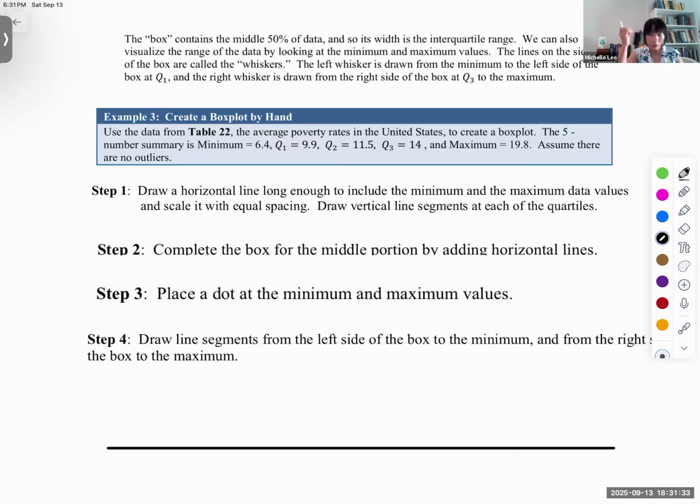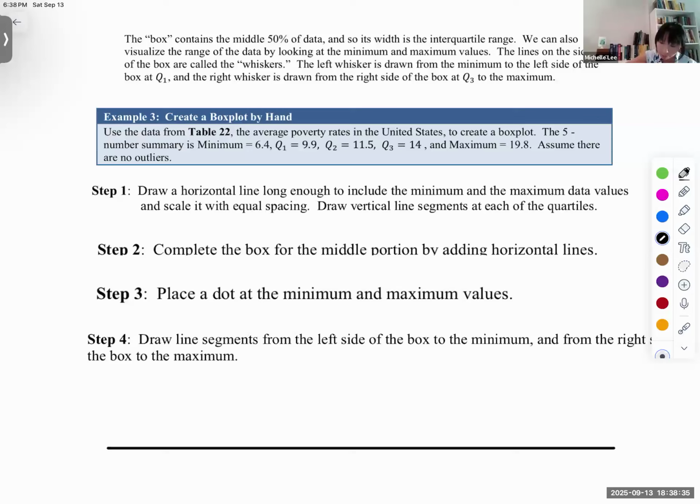Let me take a look at the average poverty rate. We can see that the minimum is 6.4 and the maximum is 19.8. So we can start at 5 or 6. And they say that we don't have an outlier, so no data is far away from the other data.